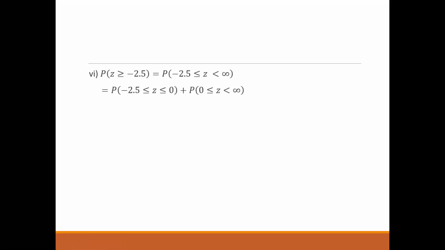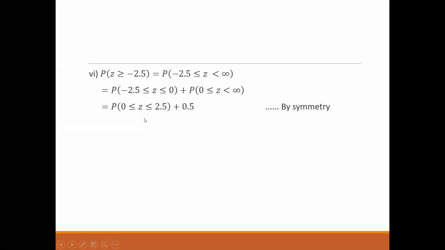And the first half, that is for value between minus 2.5 up to 0, using the property of symmetry, I can write from 0 to 2.5, isn't it? So this can further be written as from 0 to 2.5, like this, plus 0.5, because this is going to be total as 0.5.